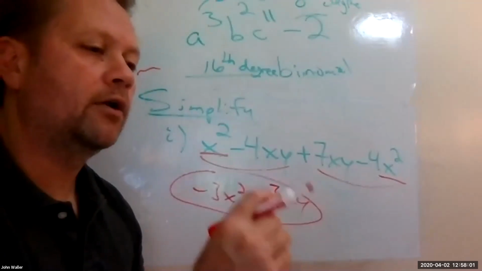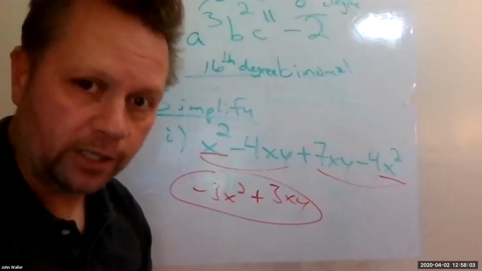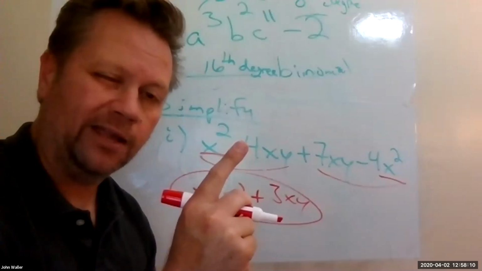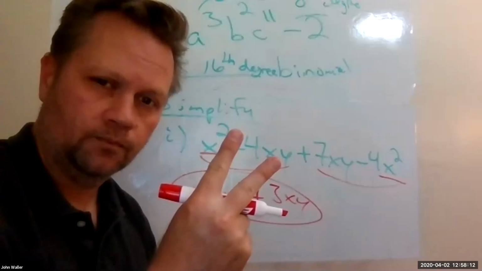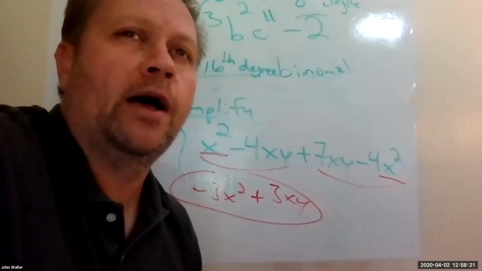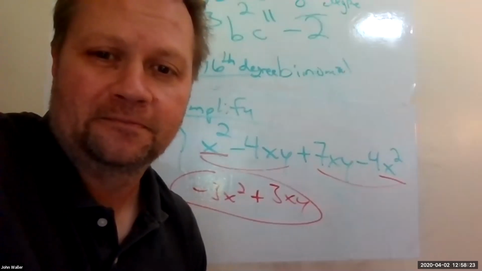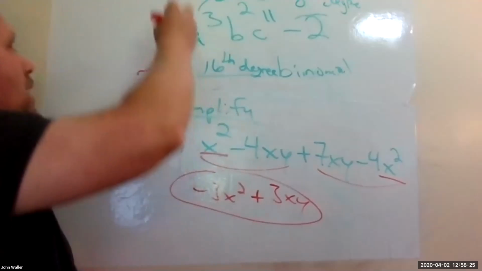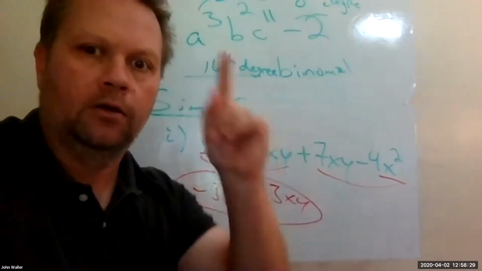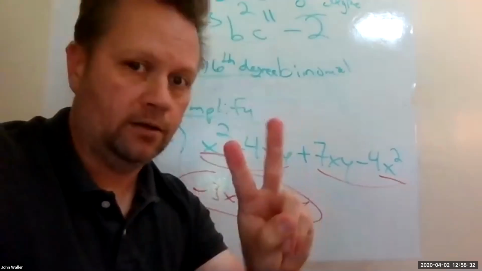Oh, you mean, how do I tell if it's a monomial, binomial, trinomial? Yes. A monomial has one term. A binomial, like bicycle, has two. Trinomial, like tricycle, has three. So a trinomial could be like x plus y minus z.